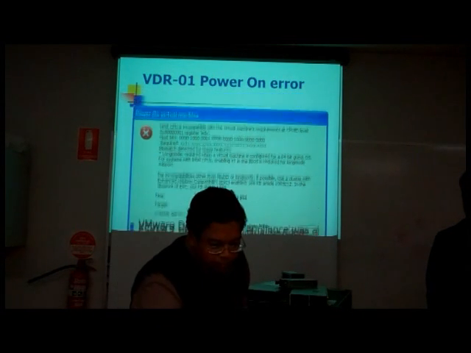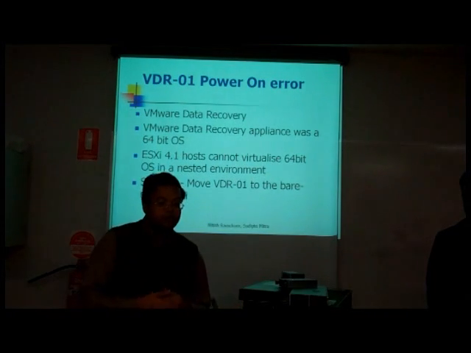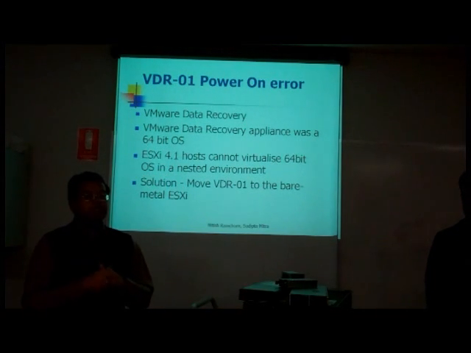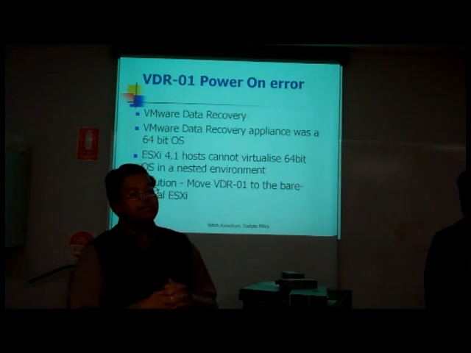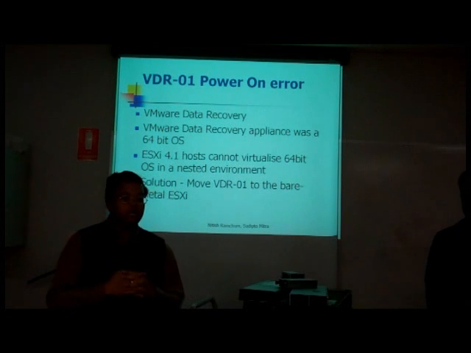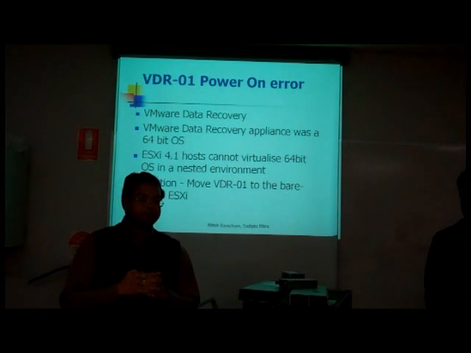The main problem was the appliance was a 64-bit operating system, and we were trying to run a 64-bit operating system in a nested virtual environment. So once we moved the appliance to the bare metal ESXi, we could fix this problem.